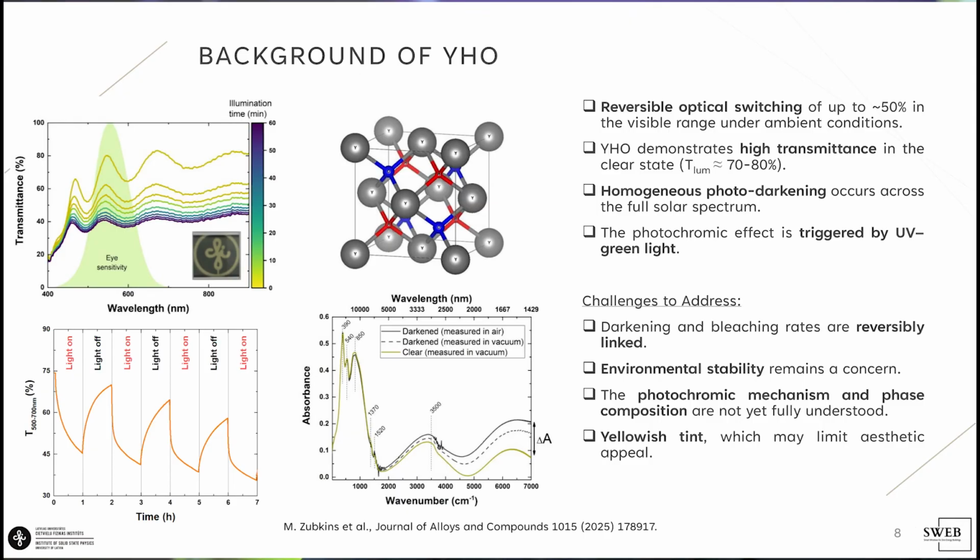Then environmental stability still remains a concern. Then the origin of the photochromic mechanism in this material is still not completely understood, and even the phase, whether this material is completely homogeneous or several phases, is still under study. And I already mentioned its yellowish tint.